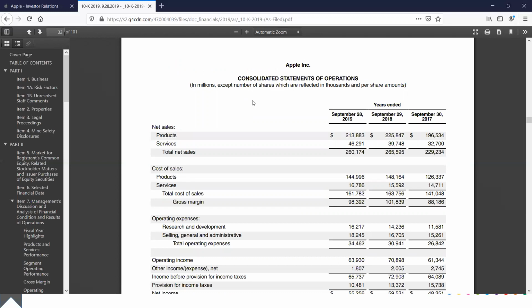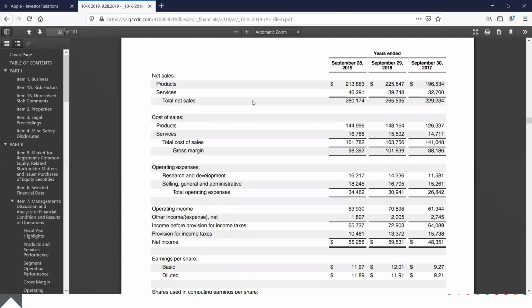This is the income statement of Apple, and we have net sales, and we have the item of our interest, the cost of sales. We also call it COGS. Since Apple sells both products and services, the services being something Apple sells through the App Store, the applications, the total cost of sales will be the addition of both products and services, and it is 161,782 million.